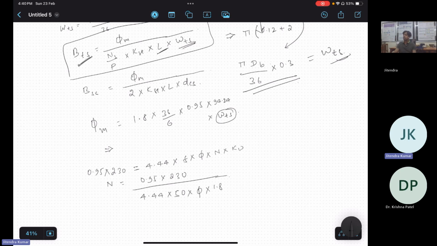Now let me take a problem based on aspect ratio if I have any. Let me check it.